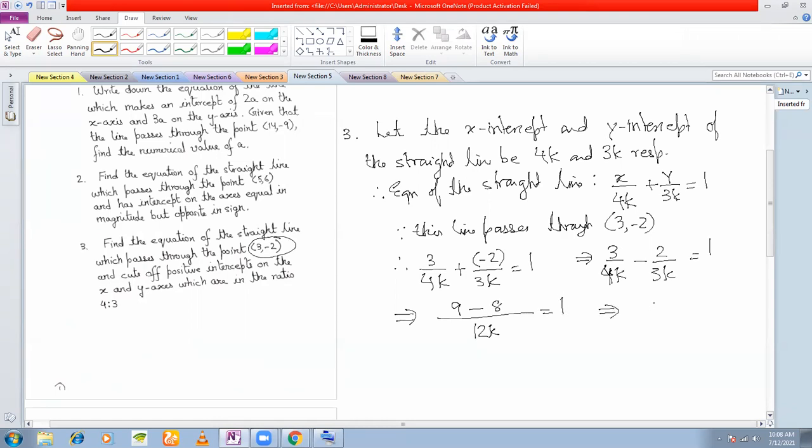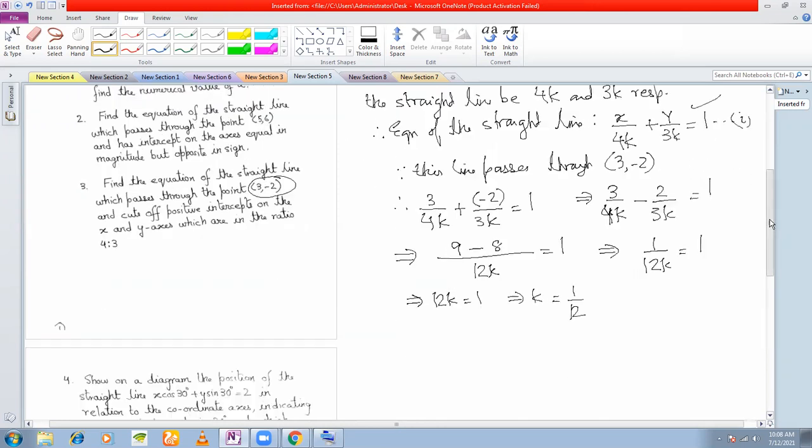That means you get 1 by 12k is equal to 1. 12k is equal to 1. That means k is equal to 1 by 12. Okay, this is the value of k. But what is the question here? Find the equation of the line. So let us call this 1. Put the value of k here.